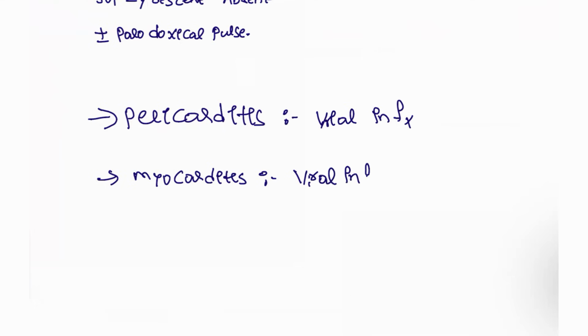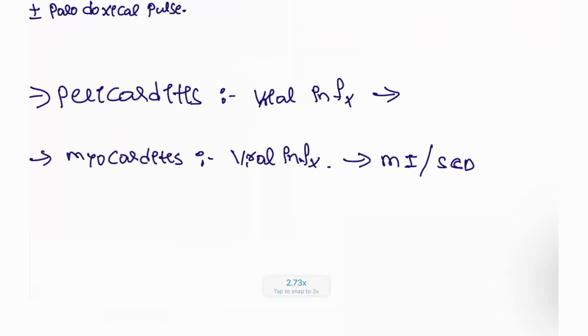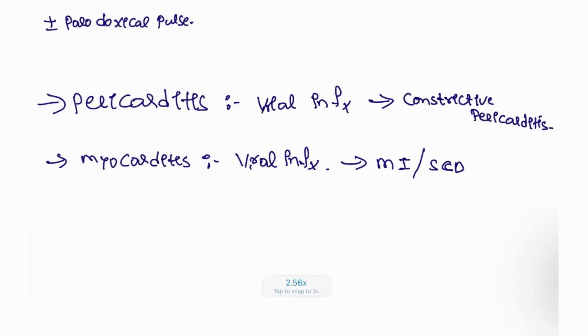Myocarditis can lead to myocardial infarction, or the patient can have sudden cardiac death. But pericarditis cannot lead to myocardial infarction, but it can lead to constrictive pericarditis, with recurrent attacks. This is the main difference that you have to take note of.